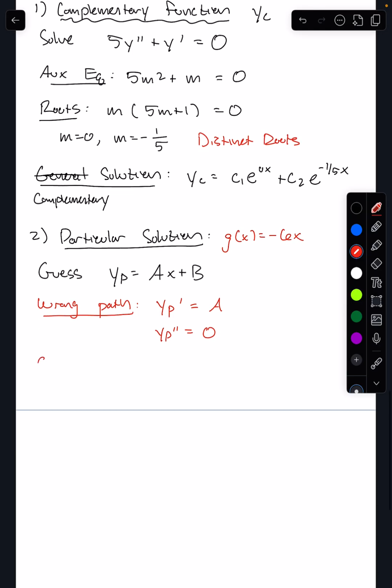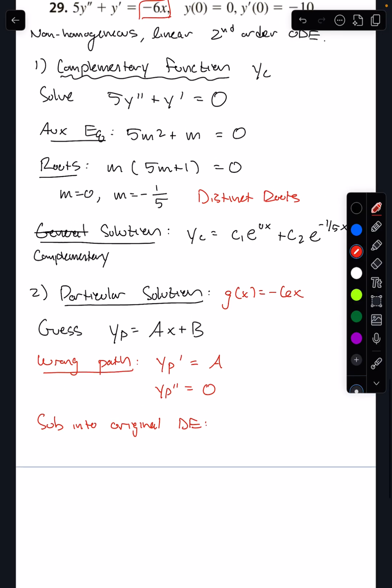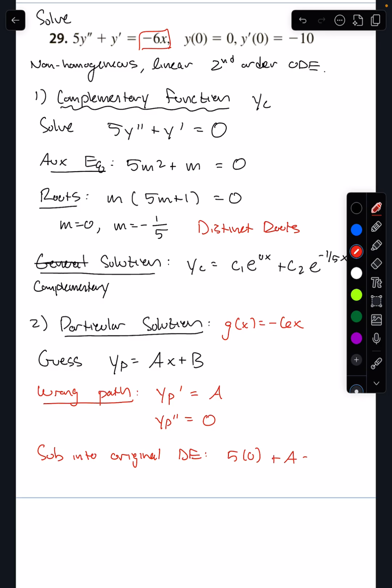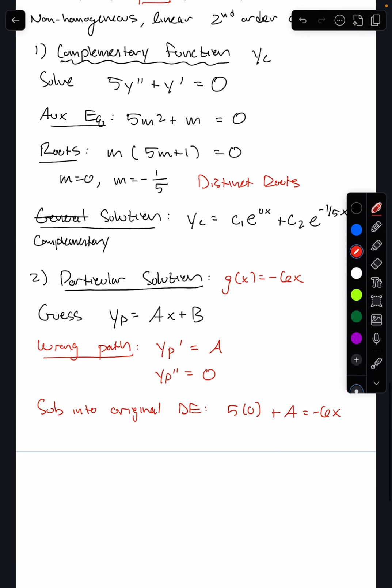And if we were to sub this into the original differential equation, well, we would find that 5 times 0 plus a should equal negative 6x, right? And so even if you don't see the overlap, because it's really not obvious that there is any, this is immediately an issue because there's no way that a can equal negative 6x, because a has to be a constant. So there's no possible choice for this.